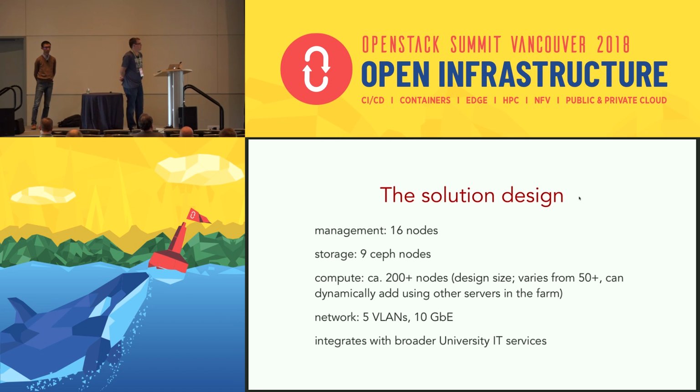Integrated with the broader University of Edinburgh IT service. Basically what that means is Keystone is connected to our ID server. We got the central NAS system, very big in the university, and all the VMs should be capable of mounting space from there if you want to access it.